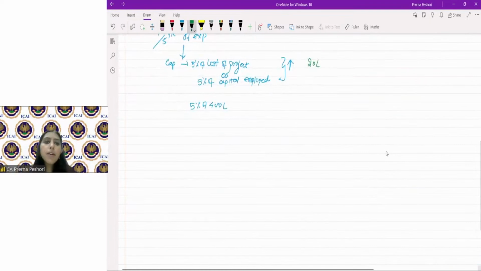The share premium will not form part of the capital employed. This is as per the Berger Paints ruling of the Supreme Court. Okay?